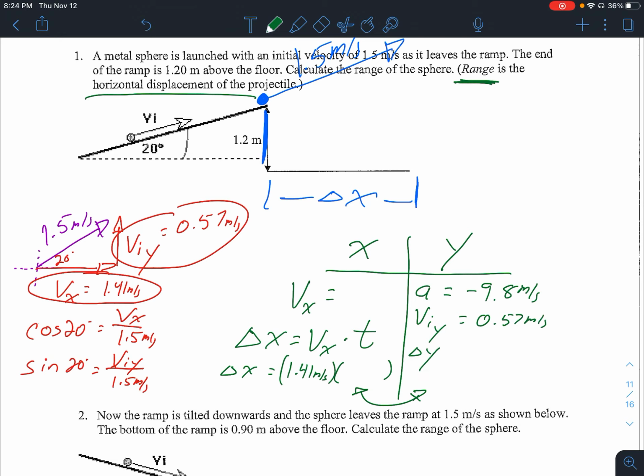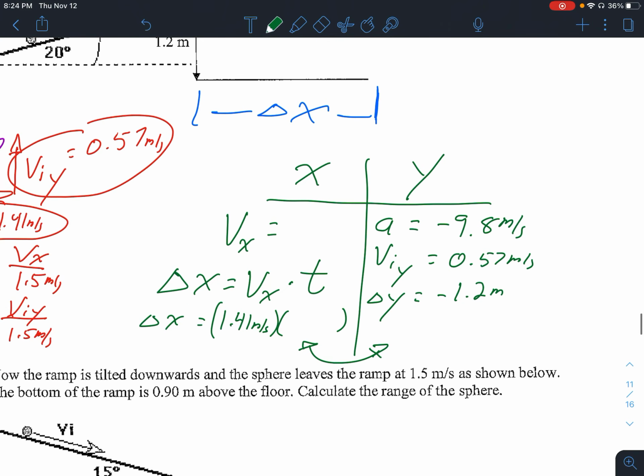I know my delta y was 1.2 meters negative because when we look right here, we're starting up at some position and we're ending down on the ground. So the net or overall displacement, like a snapshot, is going to be downward. Right now, we don't have the time. We're looking for the time.